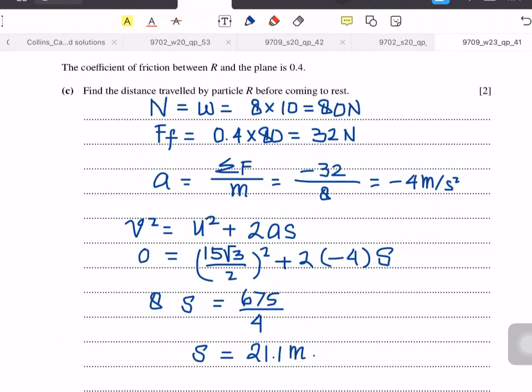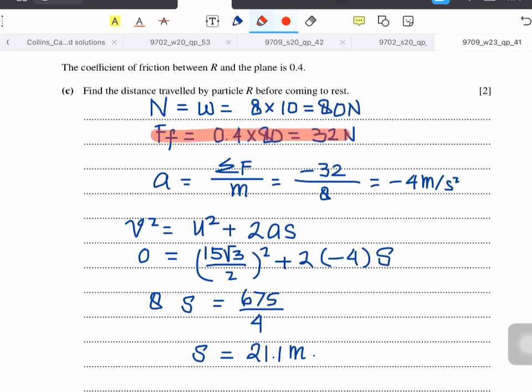Part C. The coefficient of friction between R and the plane is 0.4. Find the distance traveled by particle R before coming to rest. So the normal contact force is the same as the weight because the object is on the horizontal plane. The weight is 80 Newton.